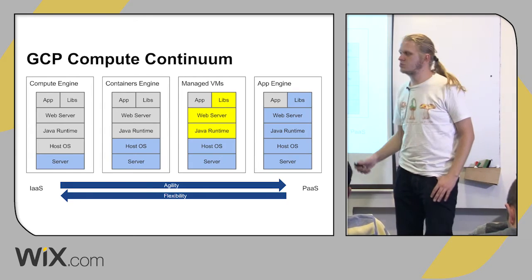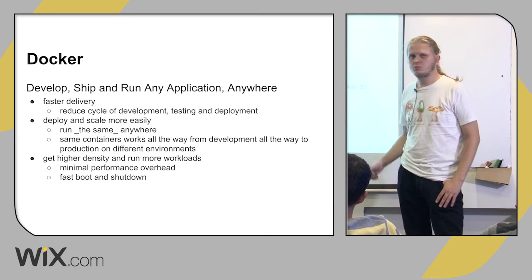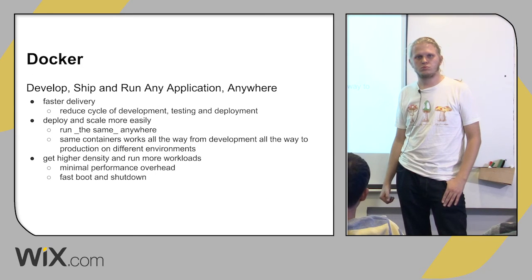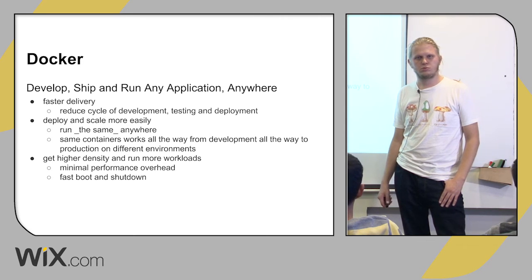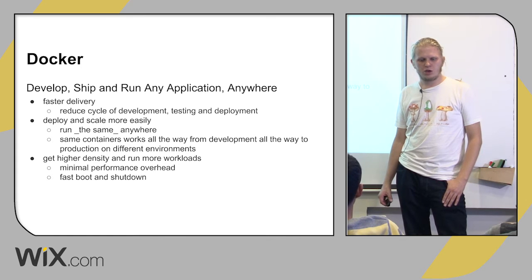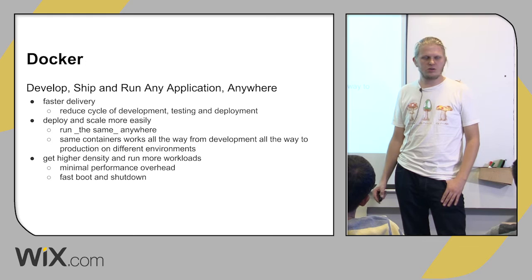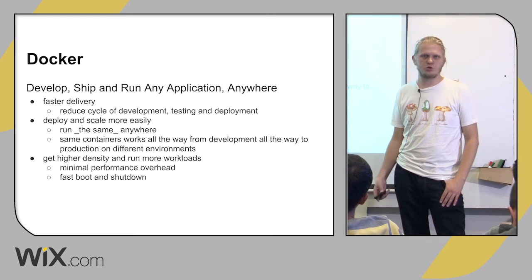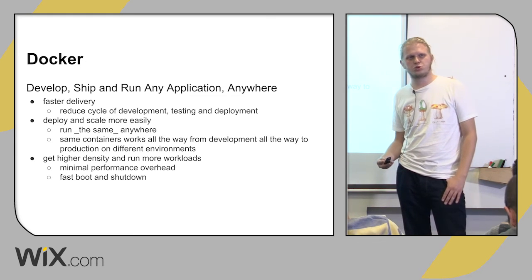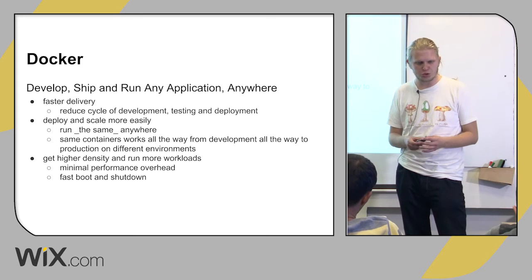Yes? You said that each Docker image runs as a process on the host machine, am I right? Yes. So does it mean it uses one CPU, or more than one CPU? Actually, you can control the amount of CPU power you give to it.